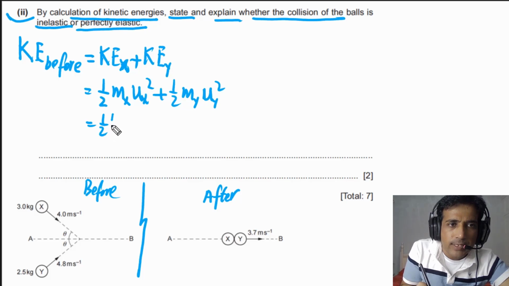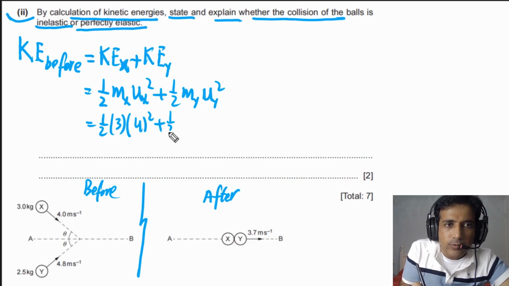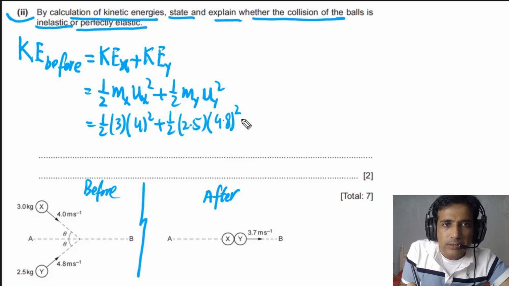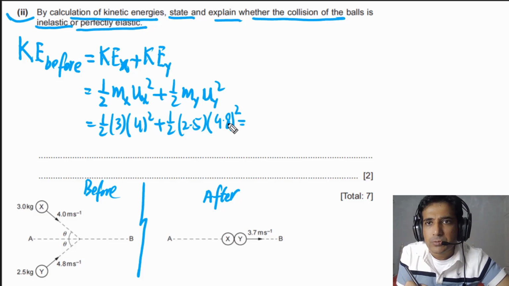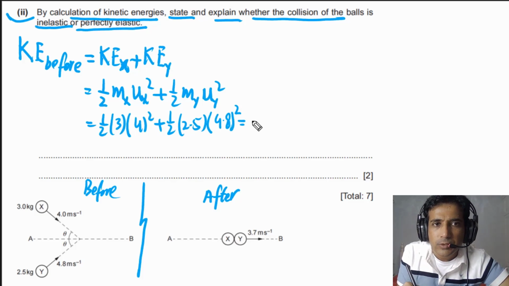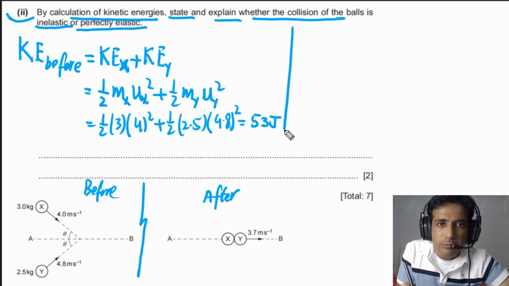For y, the mass is 2.5 and the speed is 4.8 squared. If we solve this, our answer will be 53 joules. So this is the kinetic energy before collision.